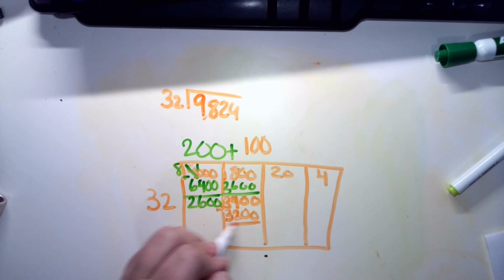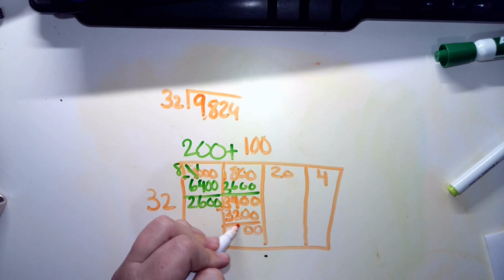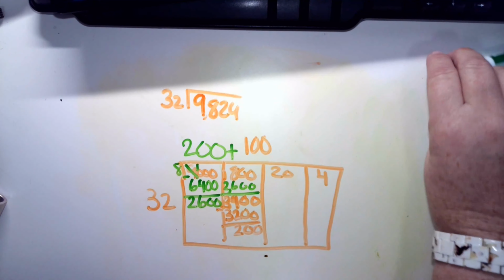I'm going to subtract that again, getting a new number. 0 minus 0 is 0. 4 minus 2 is 2. And so now I have 200 left.